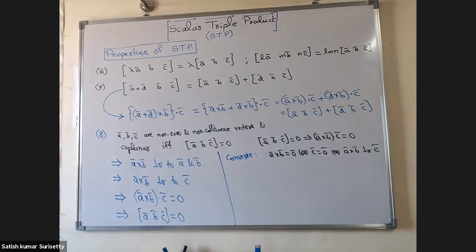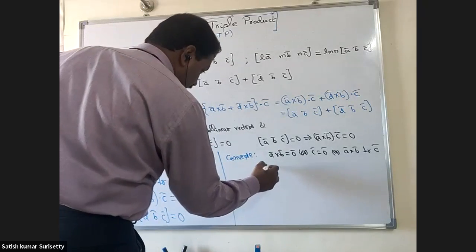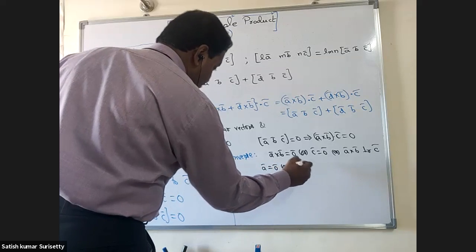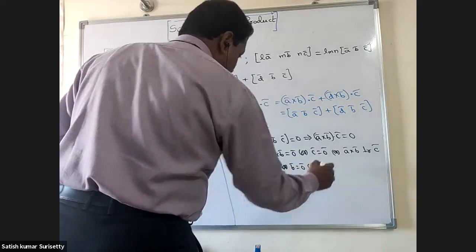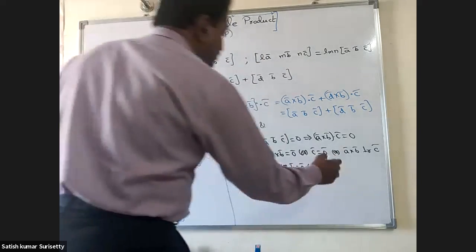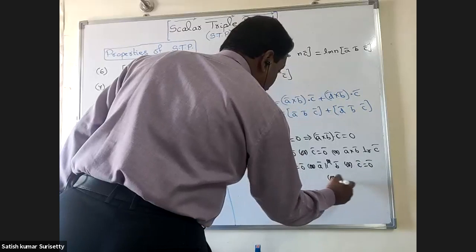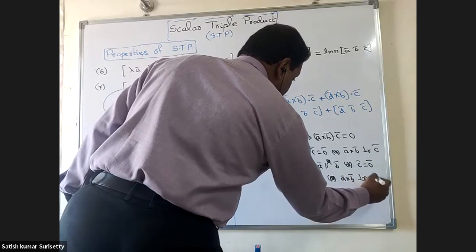Now, again A bar cross B bar is 0 bar means either A bar is 0 bar or B bar is 0 bar or A bar parallel to B bar, or C bar is 0 bar, or A bar cross B bar perpendicular to C bar.